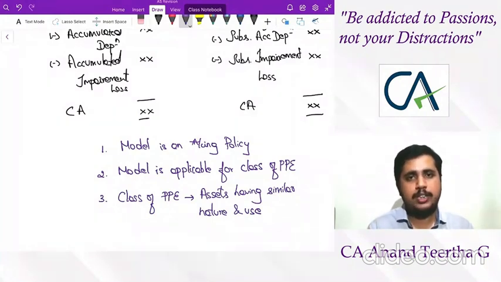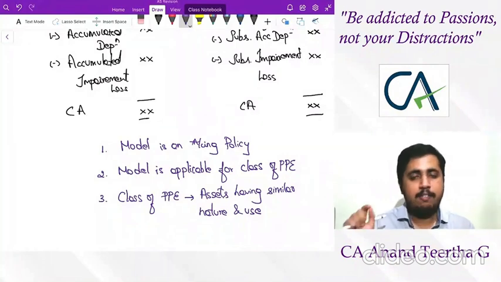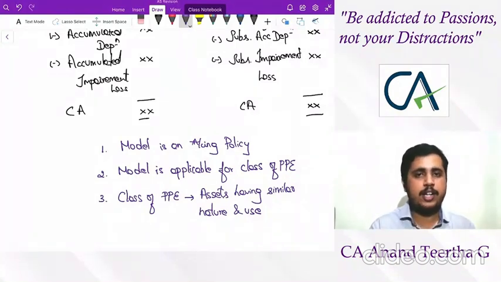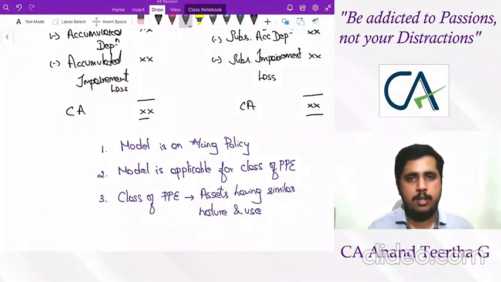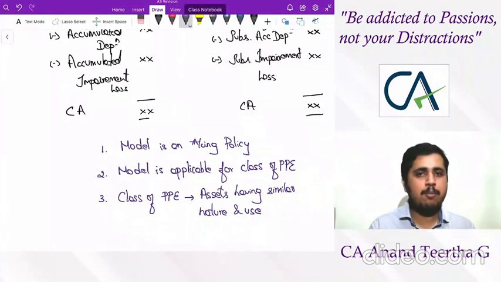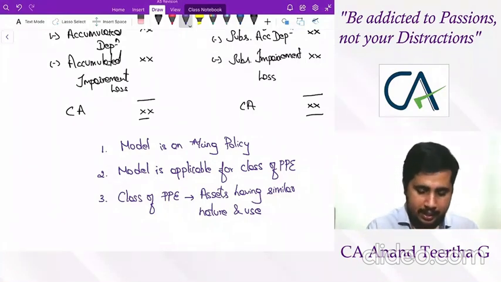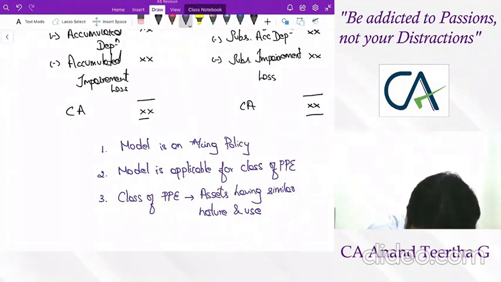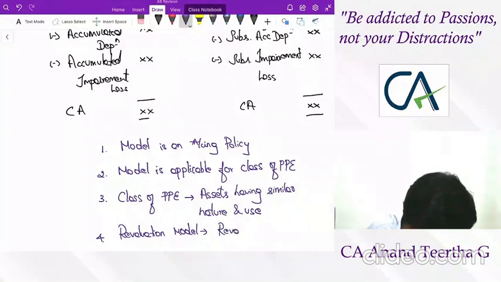If I have chosen a class as office furniture, and you choose the cost model, then the entire office furniture will come under the cost model. So that's how you have to apply your model altogether. One more point you need to understand is, if you follow the revaluation model, then you have to revalue the entire class.